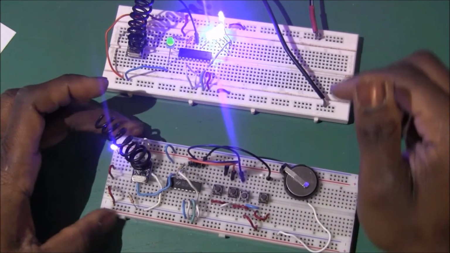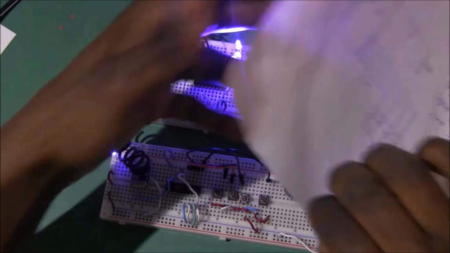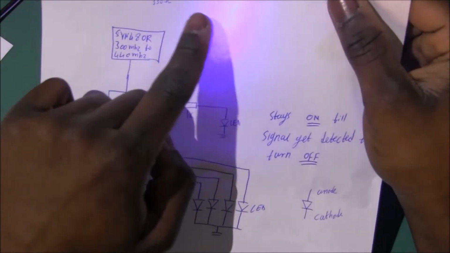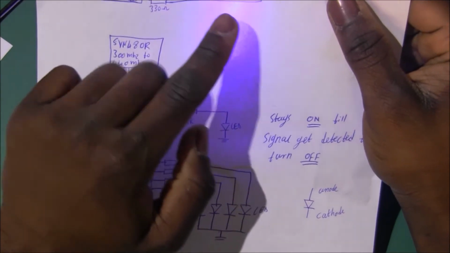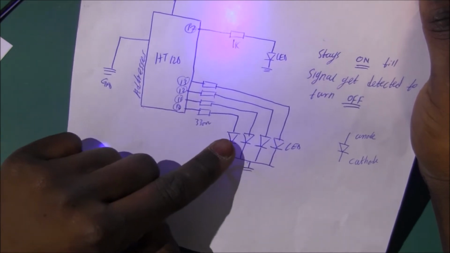Third setup, I'm going to try to mix the outputs over here. I'm going to take pins 10 and 11 on this side, and also pins 10 and 11 on this side.